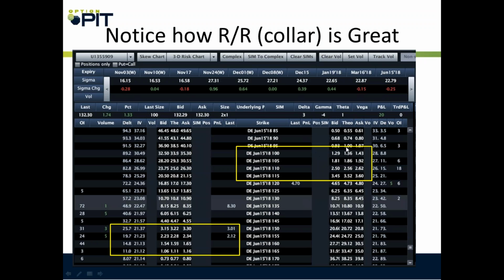So let's say I like John Deere. John Deere is a name that is in my weekly wheel. So take a look. John Deere at this point was trading 132.30. This is from last Thursday.